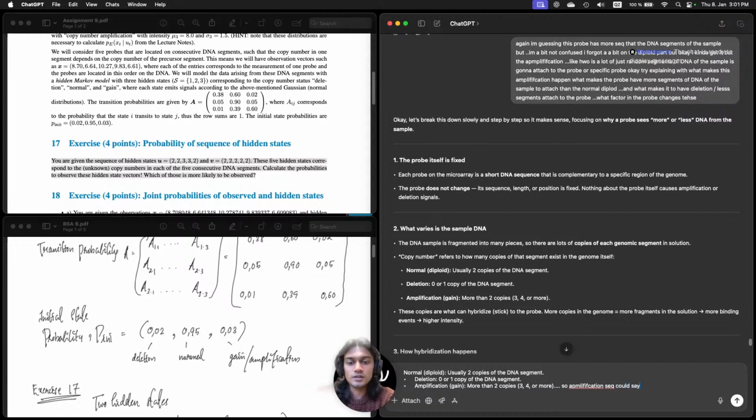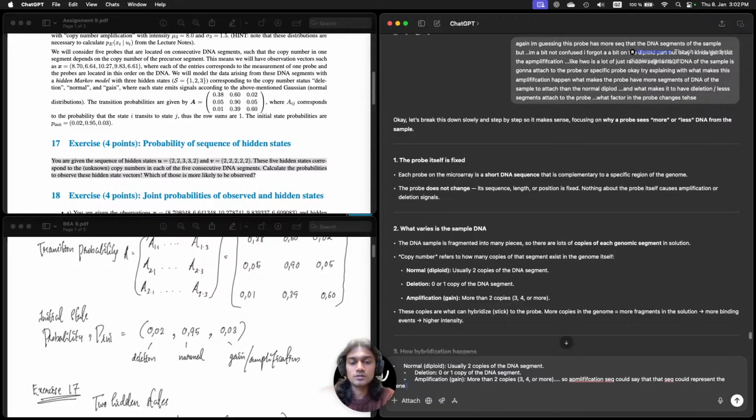Could that sequence represent the gene for something that's not just specific to that organism?